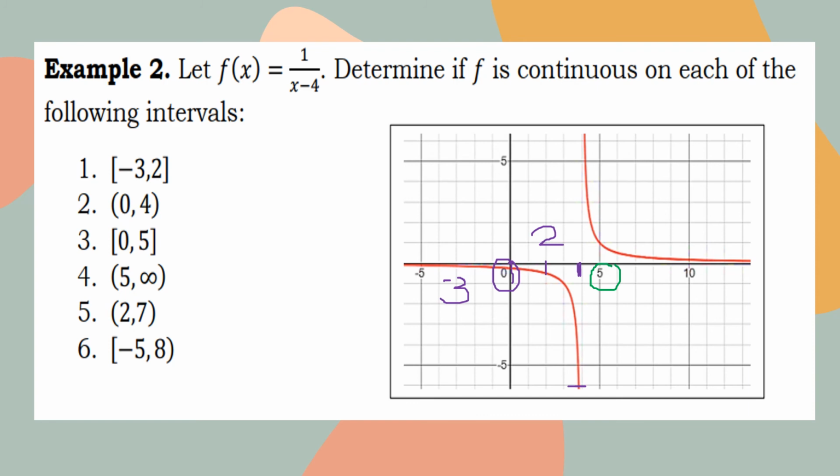From 0 to 5, we are going toward 5, but there is no connection there, so it shoots down. From 5 to positive infinity, we use this part of the graph, going only to positive infinity. Therefore it's continuous.